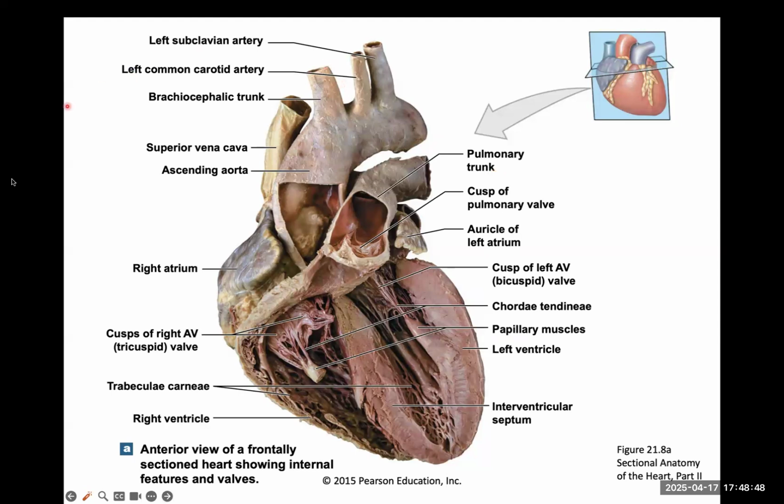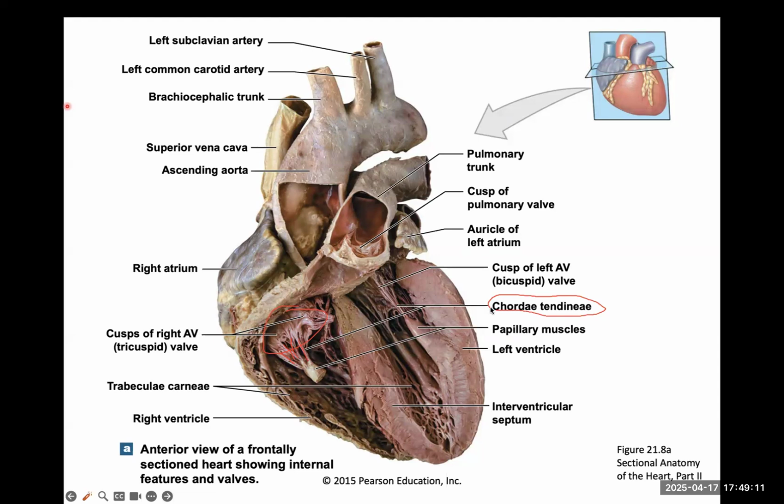You've got your tricuspid valve here. You're going to notice this tricuspid valve is connected through these cords, and these cords are called chordae tendineae.